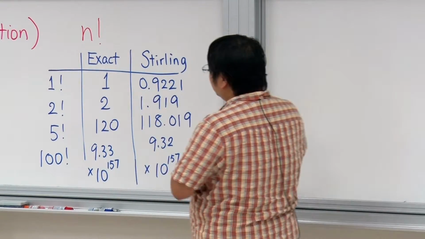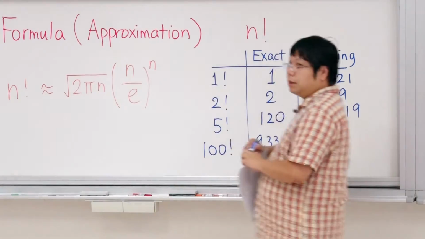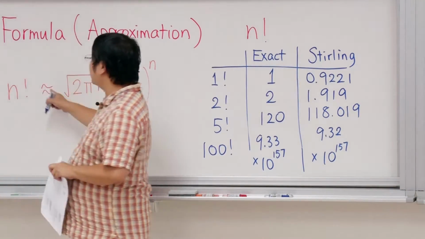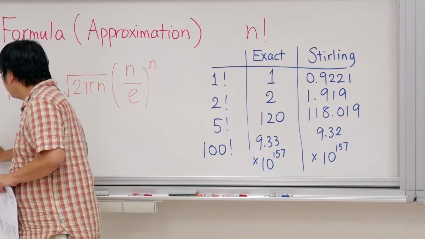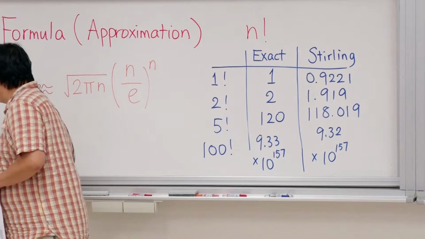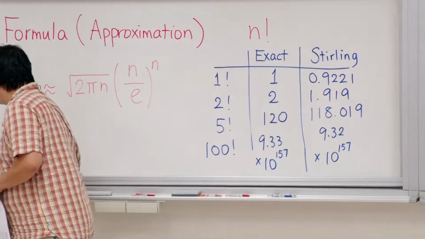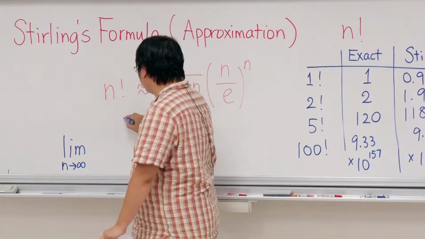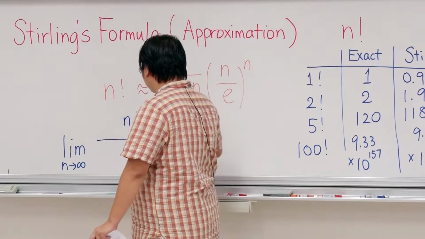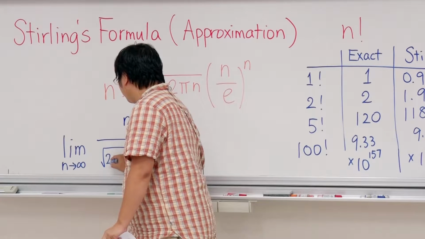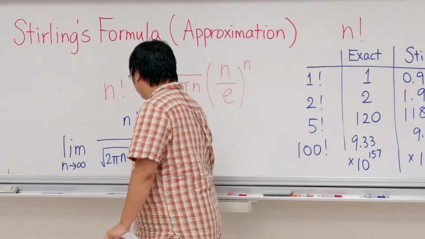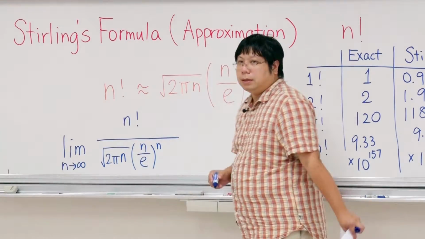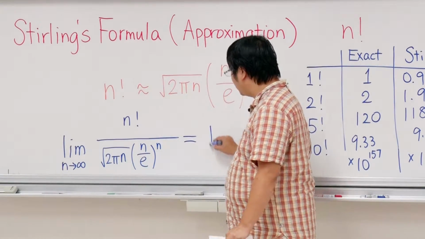So in this sense, rather than writing this approximate value, this is what we hope to get: as n tends to infinity, the ratio between n factorial and the approximate value, square root of 2 pi n times n over e to the power n, is going to be equal to 1.